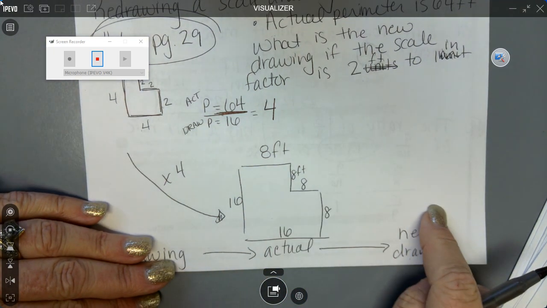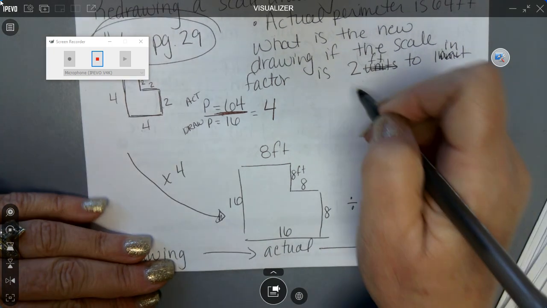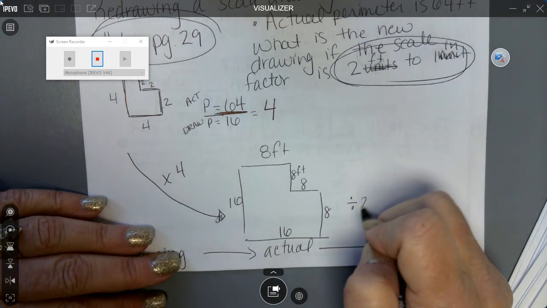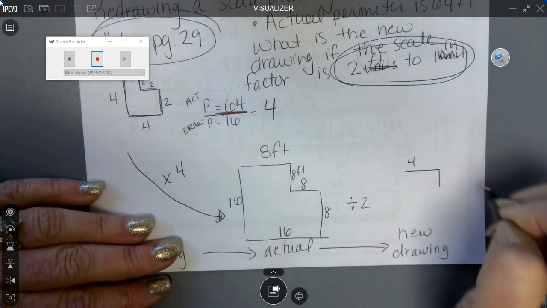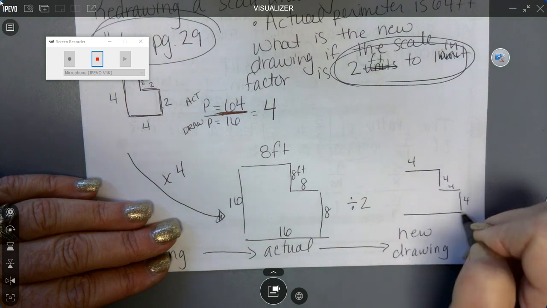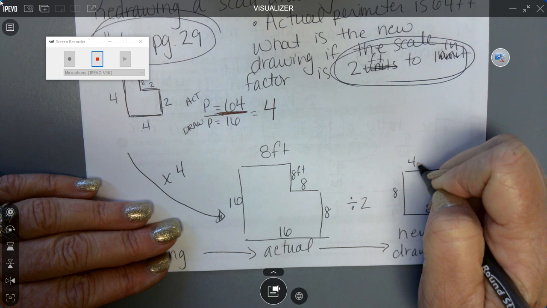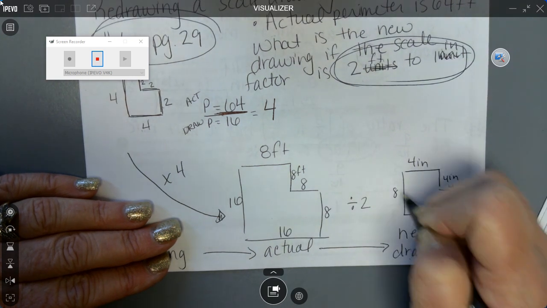So I'm going to divide by my scale factor. What's my scale factor? 2. So 8 divided by 2 is 4, 4, 4. 16 divided by 2 is 8. So this is what my new drawing looks like.